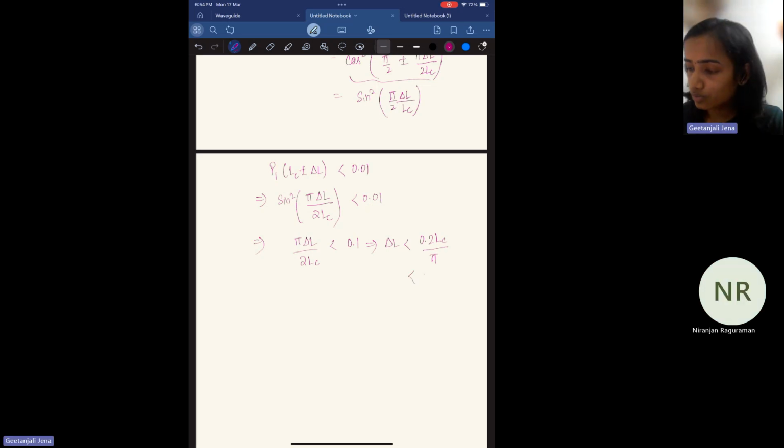You just need to put it here: 0.2 by pi times 2 mm. So this will give 0.13 mm. So this is the fabrication error.